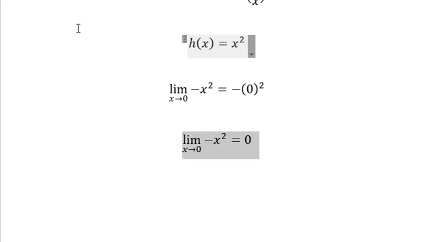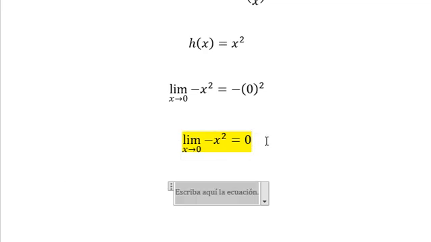This is the first thing we need to keep in mind when solving this problem. So let's highlight it. So there we have it. Okay, so now let's find the limit of the next function, h of x, which is x squared. So let's say the limit as x approaches 0 of x squared.